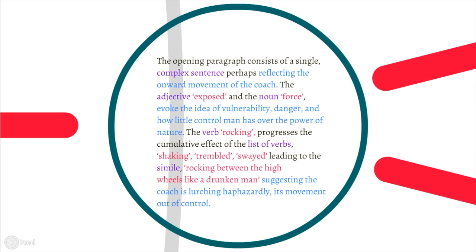Now, what they have done is they've included what type of words they are. So, for example, if they've analysed the word force, they've made sure that they've said that force is a noun, and they've also made sure that they've said the word exposed is an adjective. So that's one of my tips immediately, is you've got to go away and learn all of those different word classes.